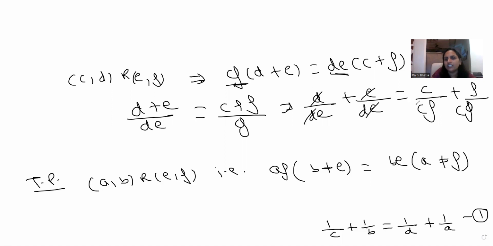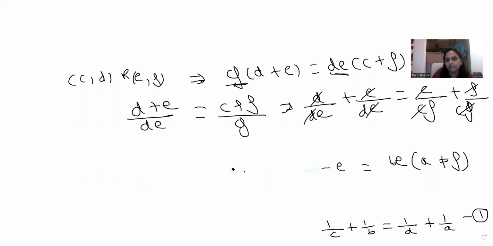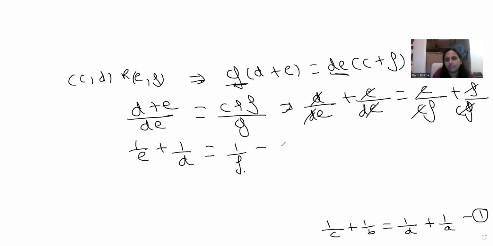D will get cancelled, E will get cancelled, C will get cancelled, F will get cancelled. And we are going to get 1 by E plus 1 by D is equal to 1 by F plus 1 by C. We are going to add both the results.